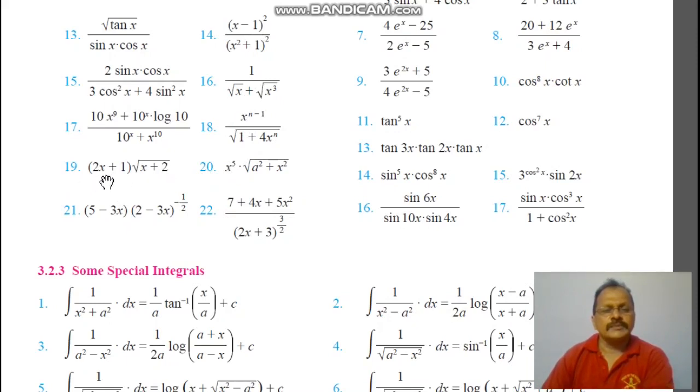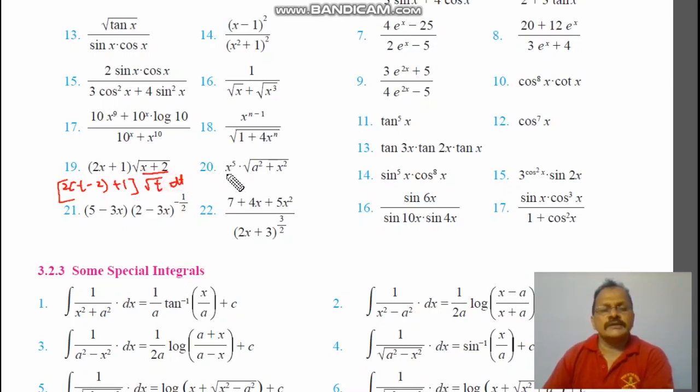For 19th problem, put x plus 2 is equal to t. So x is equal to t minus 2. Put it here: 2 into t minus 2 plus 1 multiplied by root t into dt.